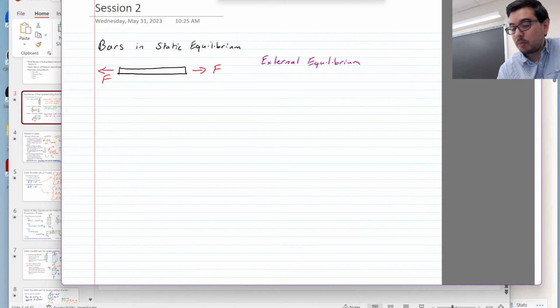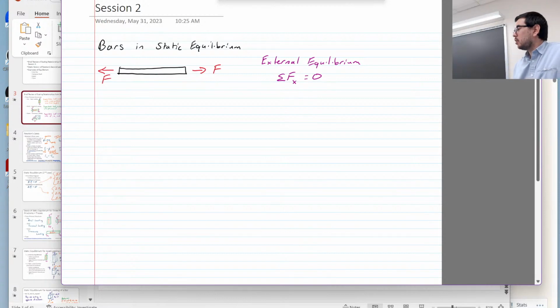And you're like, this is really simple. Yeah, it is. It sets the tone. In this case, we're really probably concerned with the x direction, because this is axial loading.